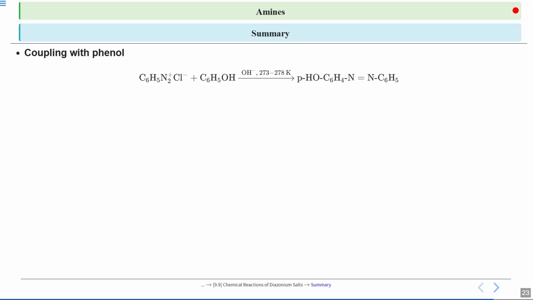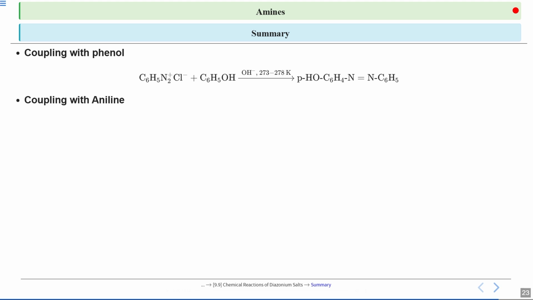Here, when C6H5N2+ Cl- reacts with phenol in the presence of hydroxide ion at a temperature between 273 to 278 Kelvin, the product is para-hydroxyazobenzene, a compound where two rings are joined by a nitrogen-nitrogen double bond.